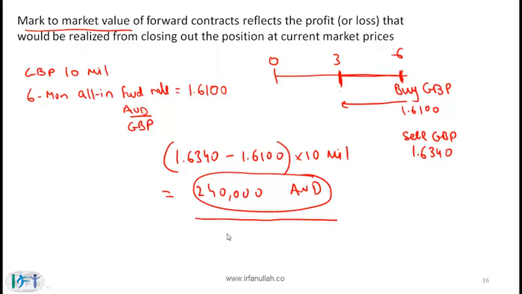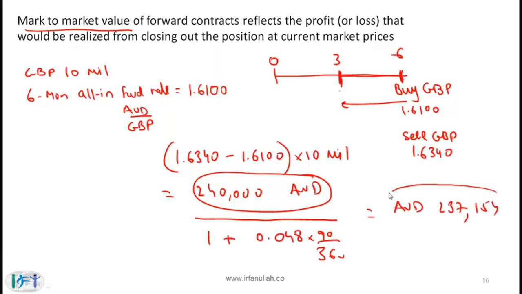Let's say that the interest rate is 4.8%. So to discount back, you will do 1 plus 0.048 and adjust this for 90 days. So into 90 over 360, and this will give you Australian dollars 237,154. So that is the mark to market value.